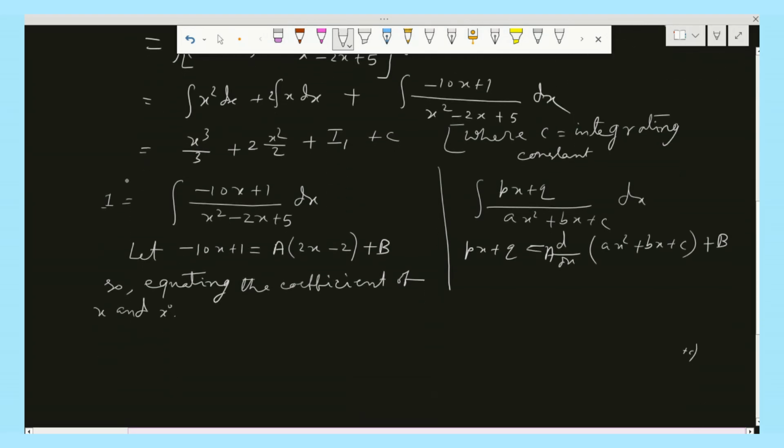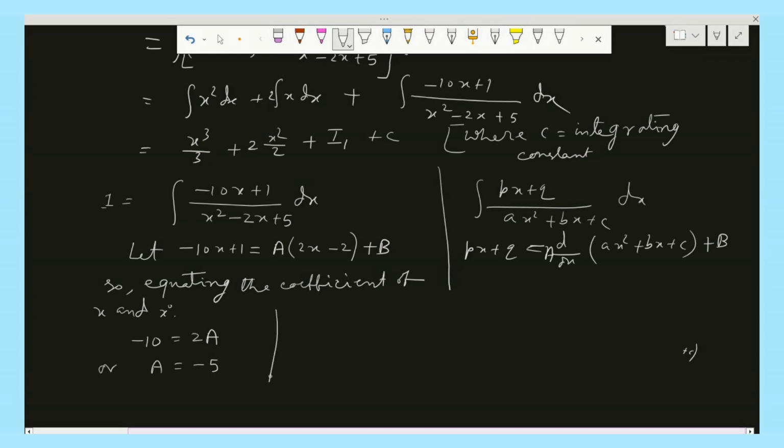From left hand side the coefficient of x is minus 10, from right hand side the coefficient of x will be 2a. From here we can find a is equal to minus 5. Similarly, coefficient of x to the power 0, which is the constant term: from left hand side 1, from right hand side minus 2a plus b.